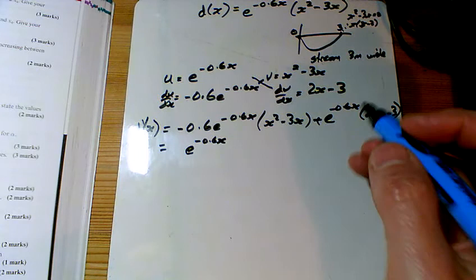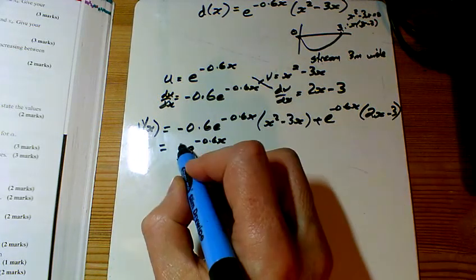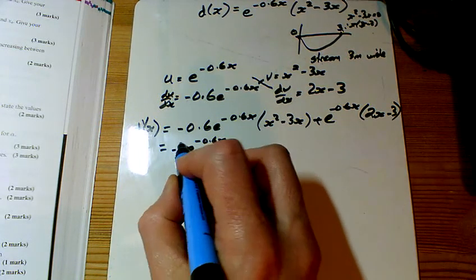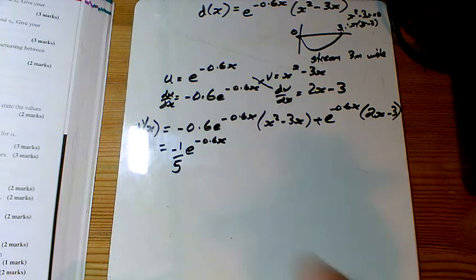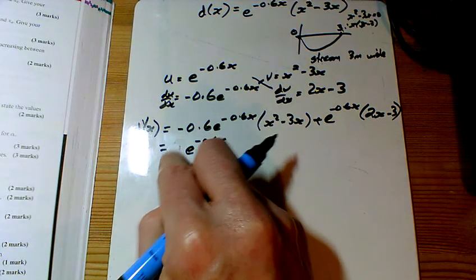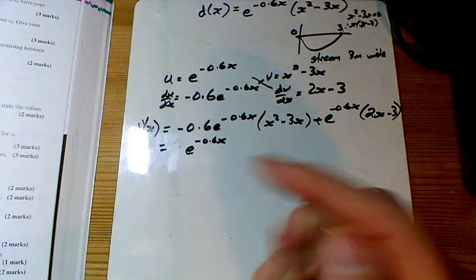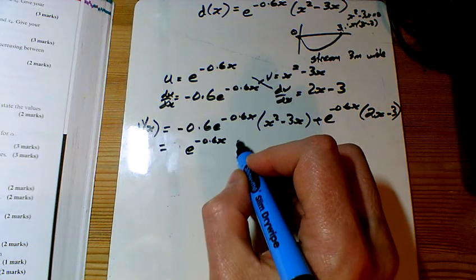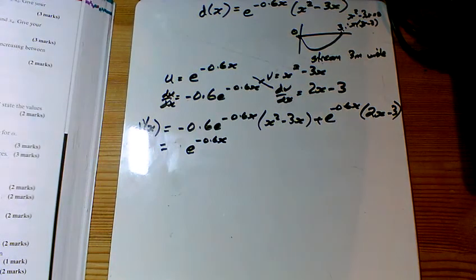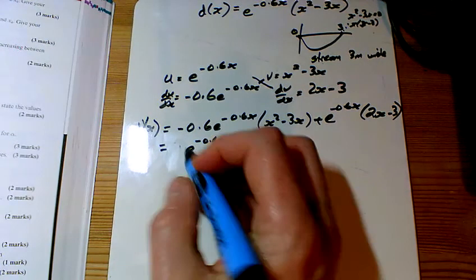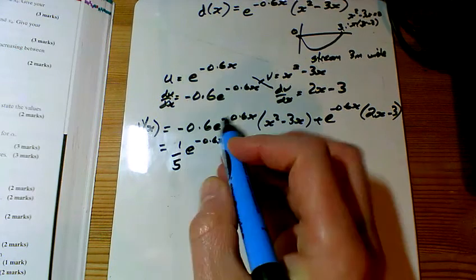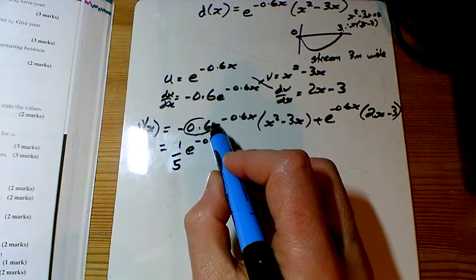If you're talking about fifths here, minus a fifth. You know what? I'm not going to take a fifth out yet. I'm just going to take that out first. No, we do need to, don't we? Right. This is 3/5, isn't it?